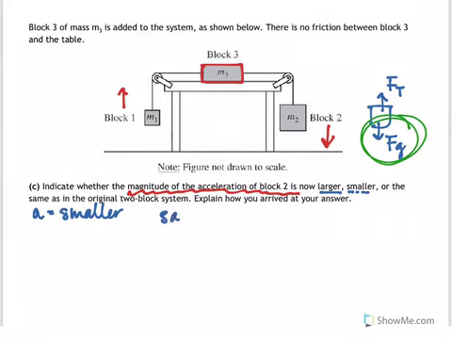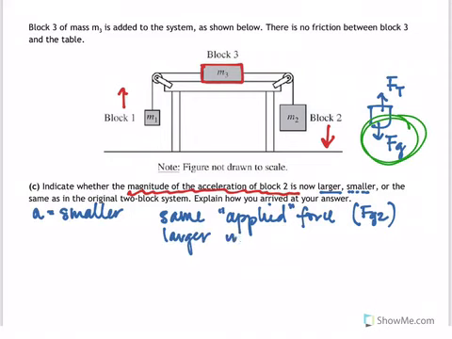This force is now being applied to a system with greater mass. So we have the same applied force from gravity on mass 2, and now we have a larger mass. So, without doing any math, you can think about Newton's second law, and that it says that the acceleration of a system is equal to the net force divided by the mass.